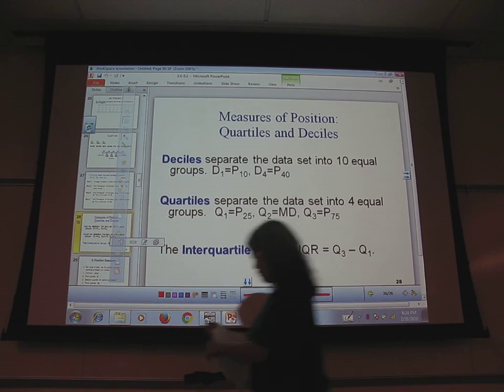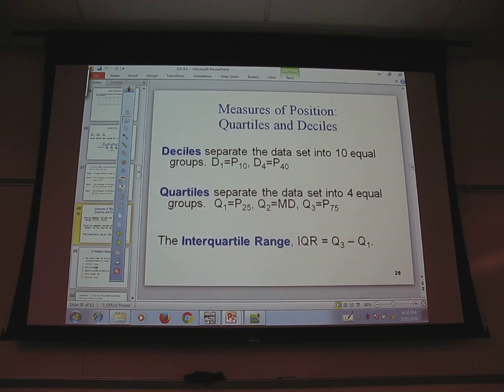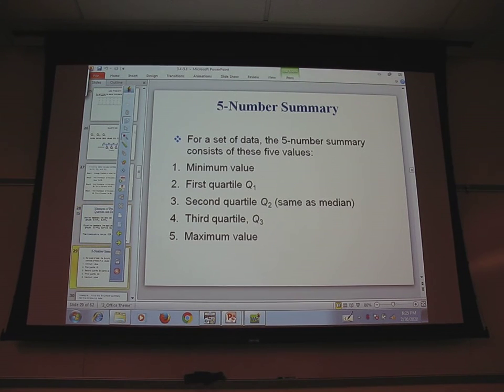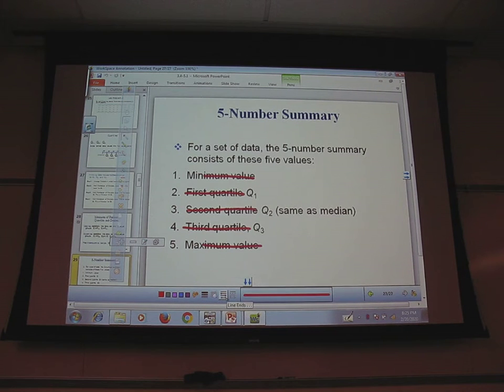All right. We also have something called the 5-number summary. Do not write down all these words. Just write down min, Q1, Q2, Q3, and max. Just write down those words.